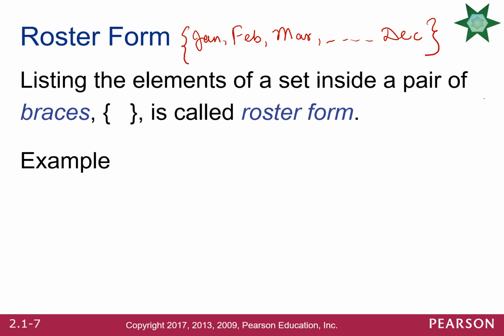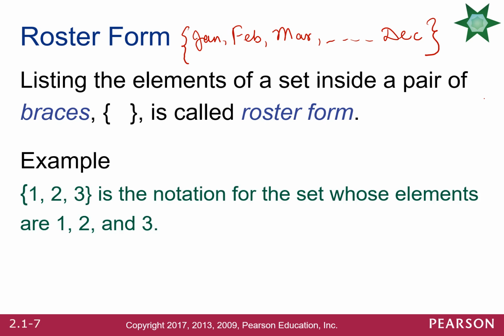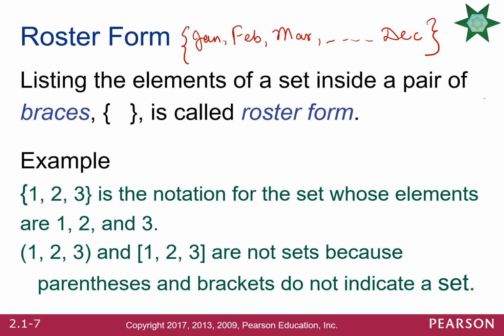Now, another example of that is we could just use the roster form to describe a set where the elements are 1, 2, and 3. This is the notation for the set whose elements are 1, 2, and 3. So {1, 2, 3} and (1, 2, 3) and [1, 2, 3]. You see here there are two different kinds of brackets.